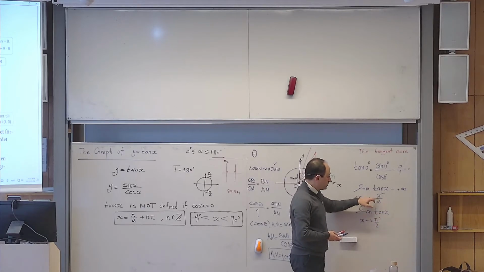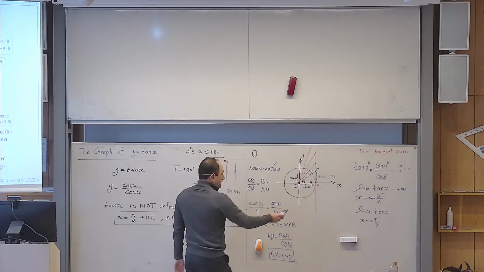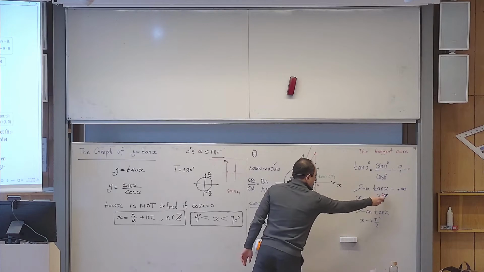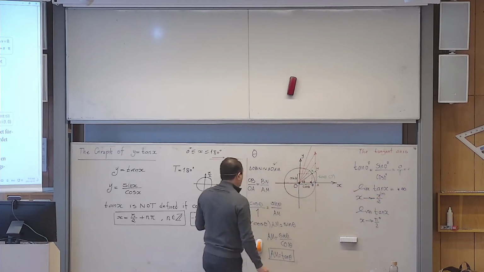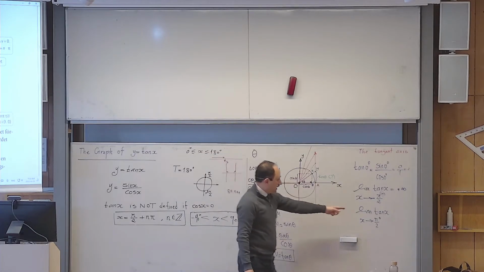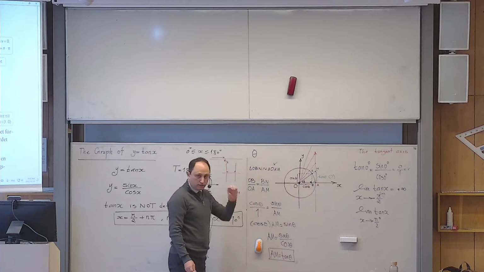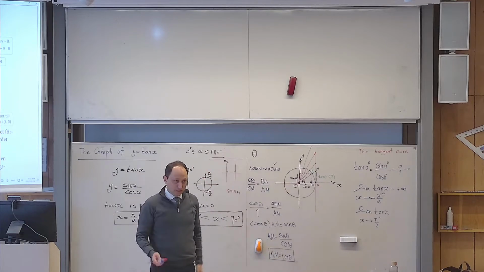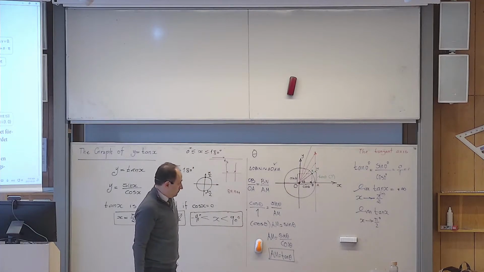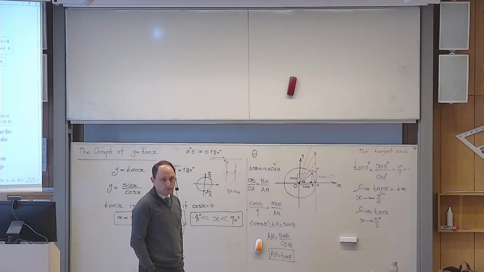So x approaches pi over 2 with this negative on top means that I am getting closer and closer to pi over 2 from the left-hand side. The positive sign means that I am getting closer and closer to pi over 2 from the right-hand side. That positive and negative sign on top means left or right, okay? Okay, now can you tell me what is the answer to this new limit?